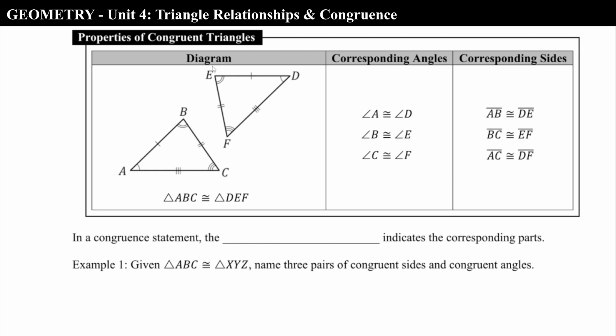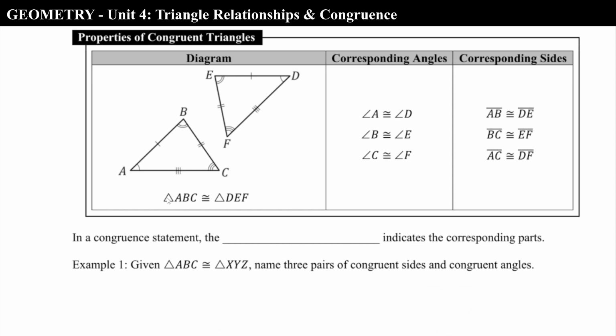B and E are congruent, which is indicated by 2, and C and F are congruent, which is indicated by 3. Similarly, we have three corresponding sides. AB is congruent to DE, which is indicated by 1 tick mark, BC to EF, indicated by 2, and AC to DF, indicated by 3.